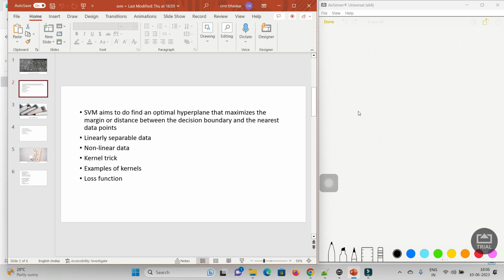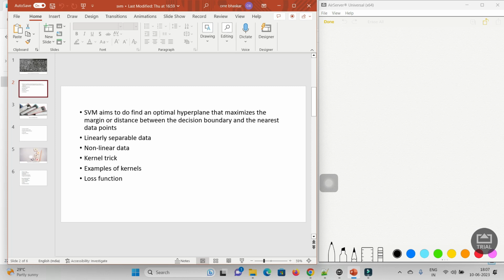So, what exactly is SVM? Well, imagine a scenario where we have data points belonging to different classes and we want to find the best way to separate them. That's precisely what SVM aims to do: find an optimum hyperplane that maximizes the margin, or distance, between the decision boundary and the nearest data points.